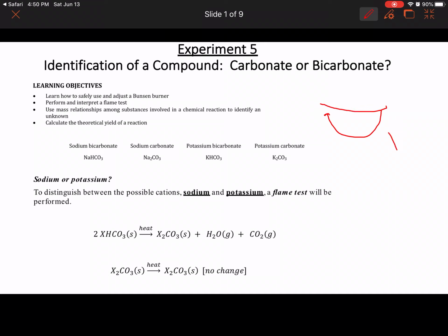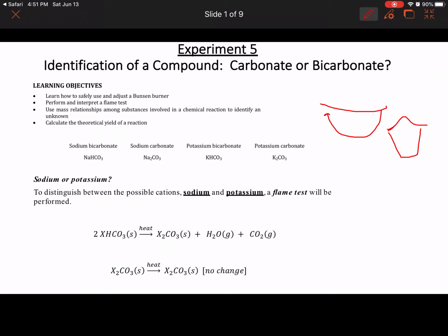In some campuses we use a crucible like this, and you can have a lid on top of that. Either case, it doesn't matter, so you can use whichever is available on the campus where we are performing this experiment.